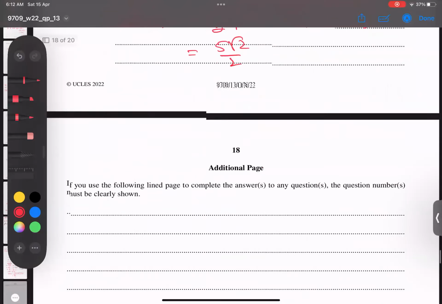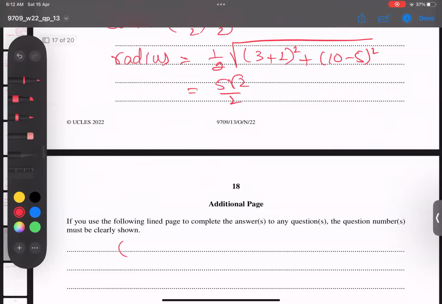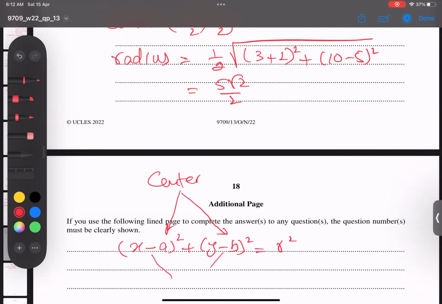And now, what is the equation of the circle? The equation of a circle is, if you remember, (x minus a) whole square plus (y minus b) whole square equals radius square. This number and this number are the center of the circle. The negative signs are fixed, no change there.